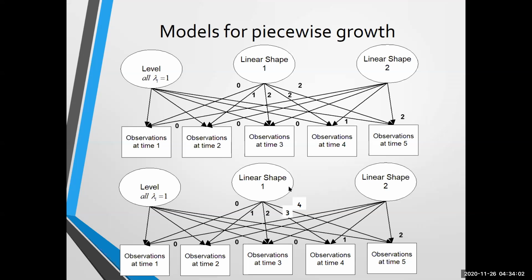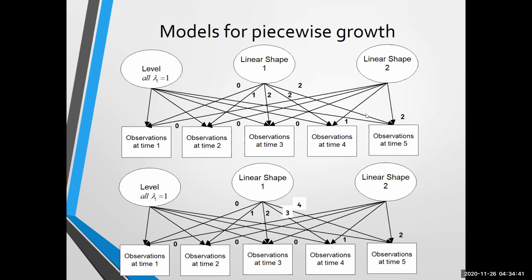There are two variations on it in terms of how you code the factor loadings of the first and the second linear shapes. So in the first variation, here the intervention happens between times 3 and 4, right? So here the loadings of the linear shape are coded 0, 1, 2, and then after that they become 2, 2, 2, meaning the growth that happens up to here becomes constant and just stays over time.